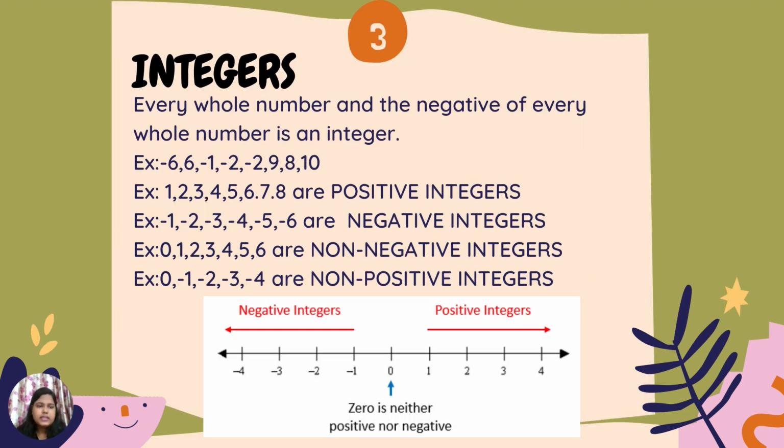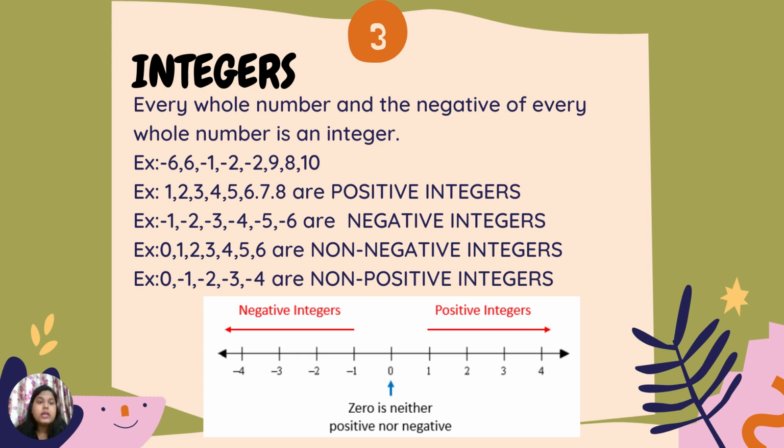Next is an integer. Every whole number and the negative of every whole number is an integer. For example, you can say minus 6, 6, minus 1, plus 1, minus 2, plus 2, etc. These are integers. Which are positive integers? 1, 2, 3, 4, 5, 6. Negative integers: minus 1, minus 2, minus 3.